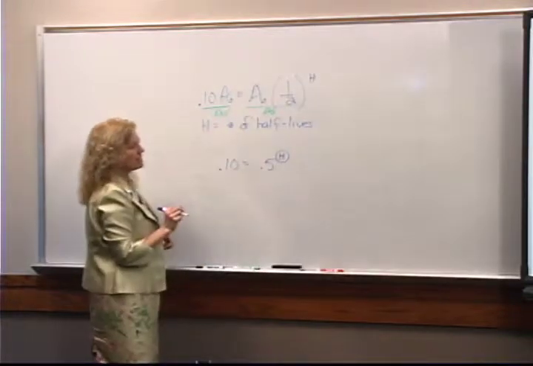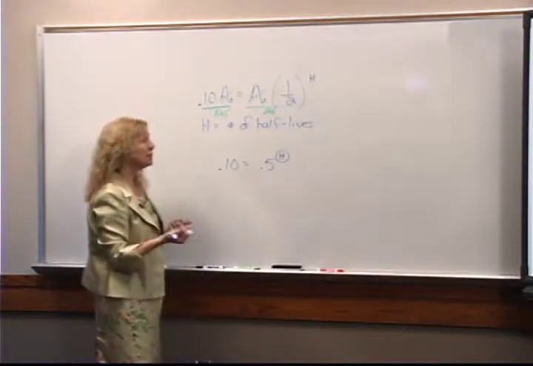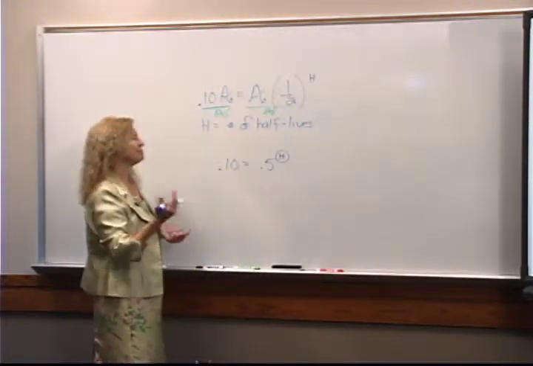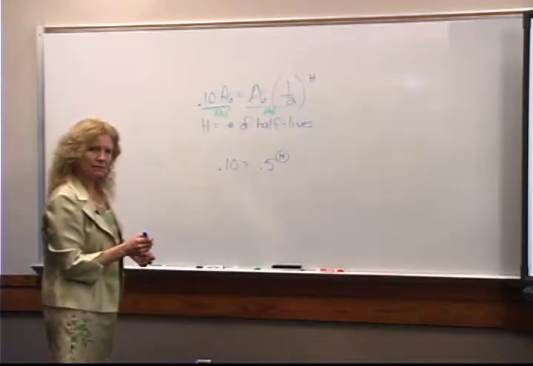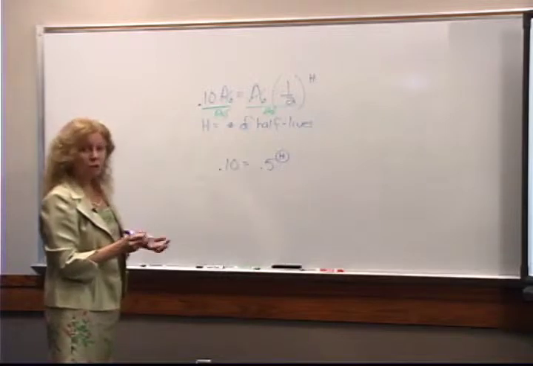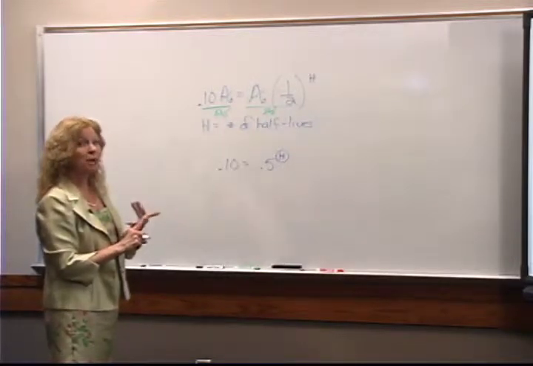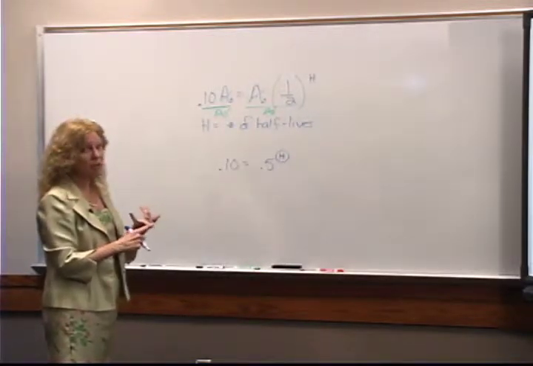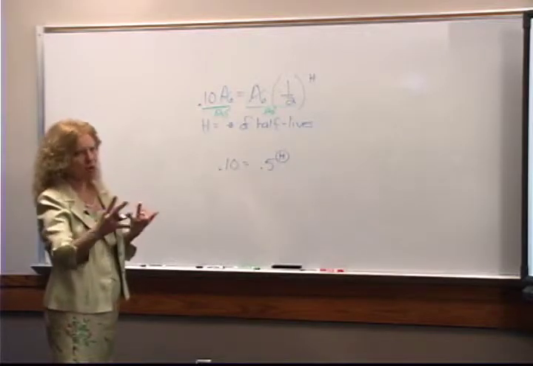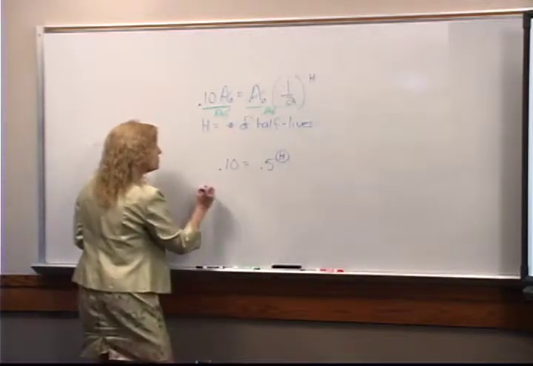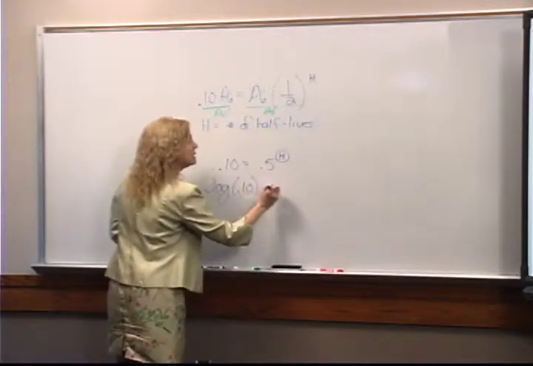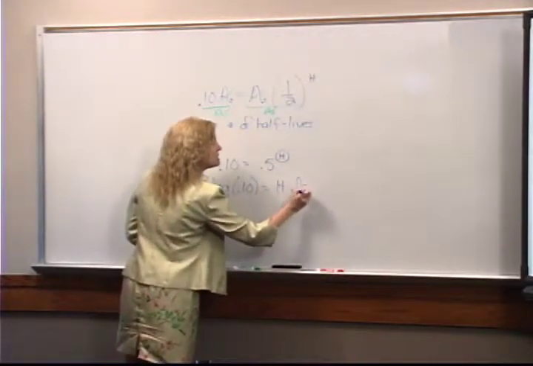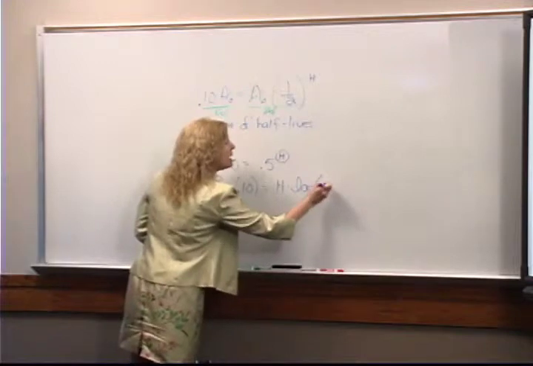Because this variable's sitting up in the exponent, what do I have to use? I have to use logs. What base? Well, you can use base 10 or base e. Why are those our limited choices? Well, that's what our calculator runs. So I can say log of 0.10 is going to equal h times log of 0.5.